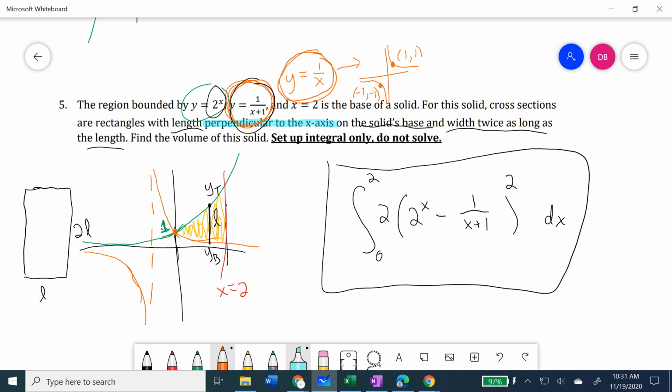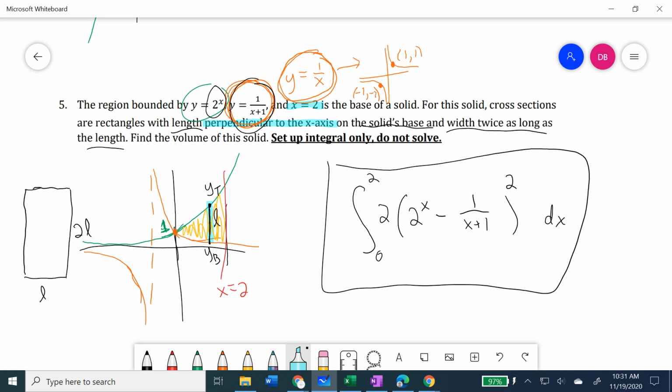And then we are told that the region is also bounded by x equals 2. And so that gives us what I have colored in yellow to be the only enclosed section. So for this one, it's a little bit strangely worded, but one of the things is you've got to figure out what is on the XY plane for this rectangle length.